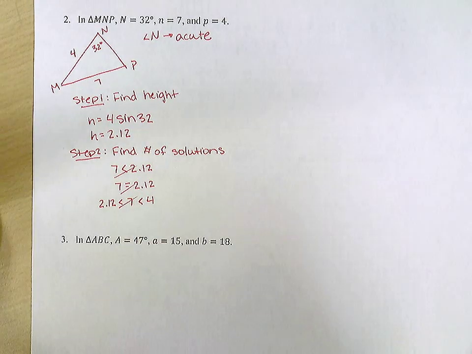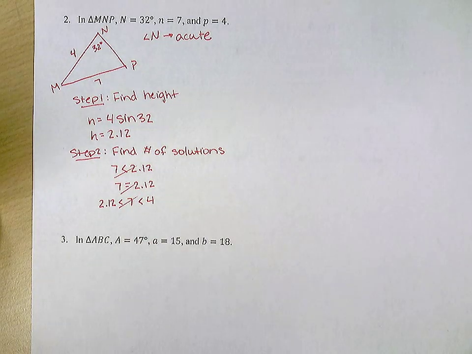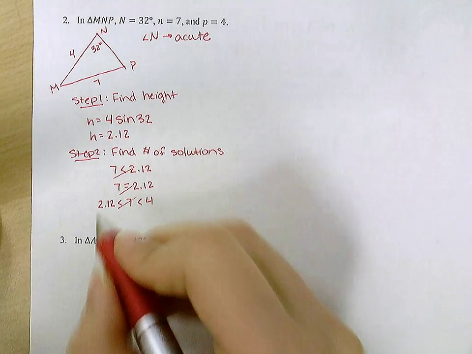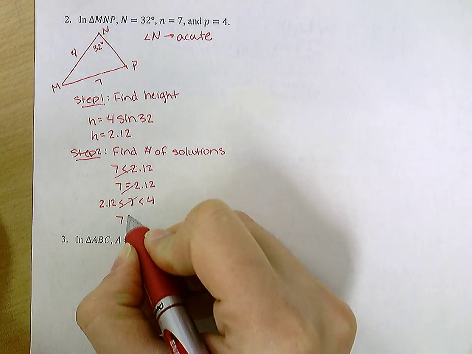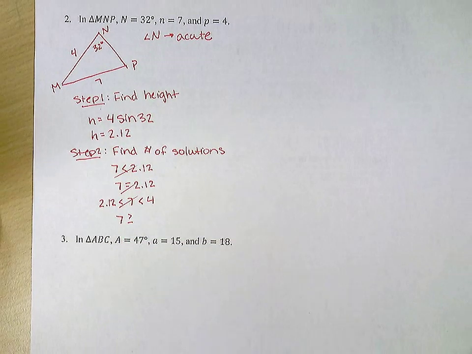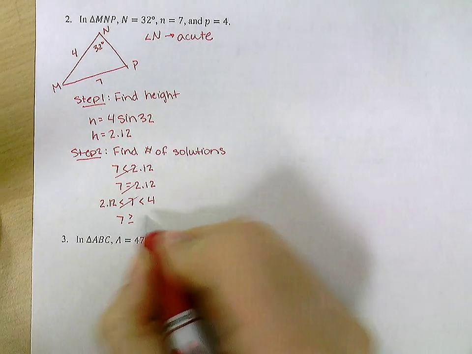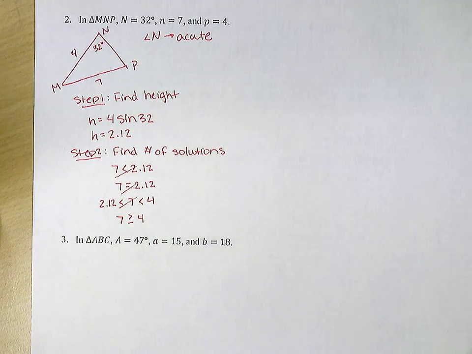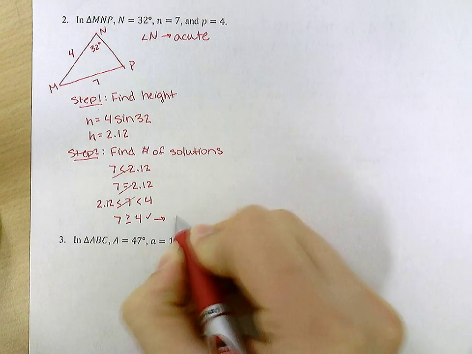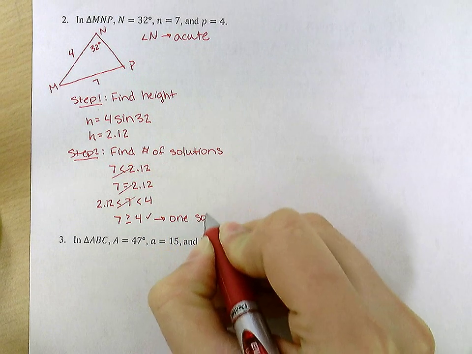No. Okay, then the last case I have to check is where 7, so our A value, is greater than or equal to the other side that I was given, our B value or our P value, which is 4. Yes. Okay, so that one is true. So that means we have one solution.